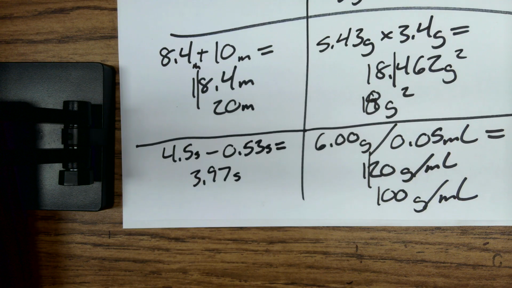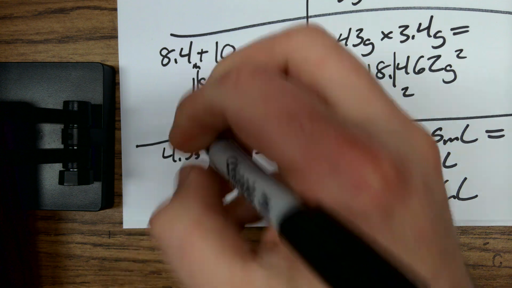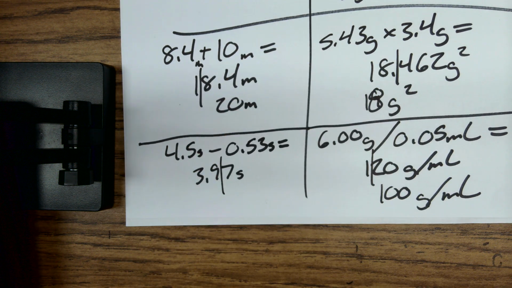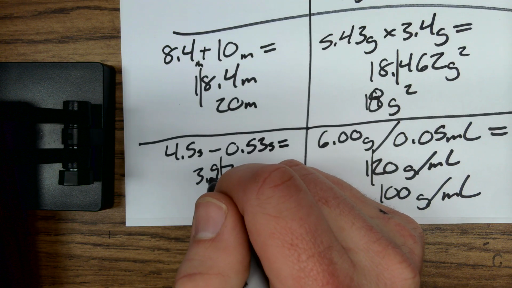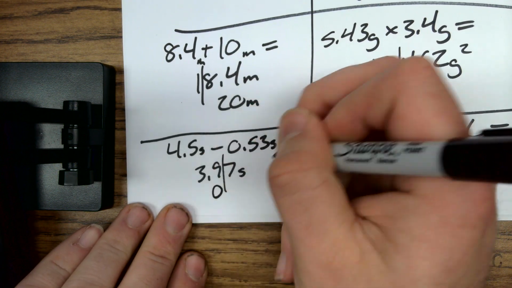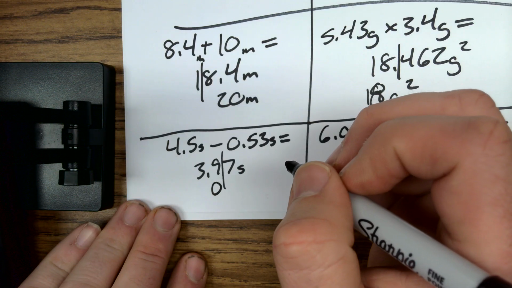Which number is the least precise, the 4.5 or the 0.53? They both have the same amount of significant figures, but which one's the least precise? 4.5. So, is a 7 big enough to push my 9 to a 10? Where do I put that 1 at? Plus 3.